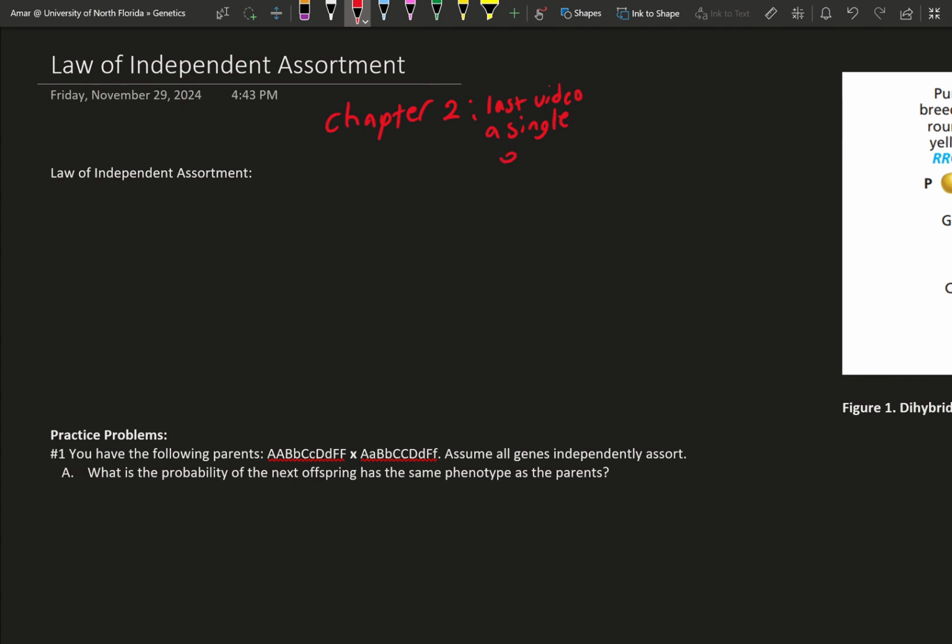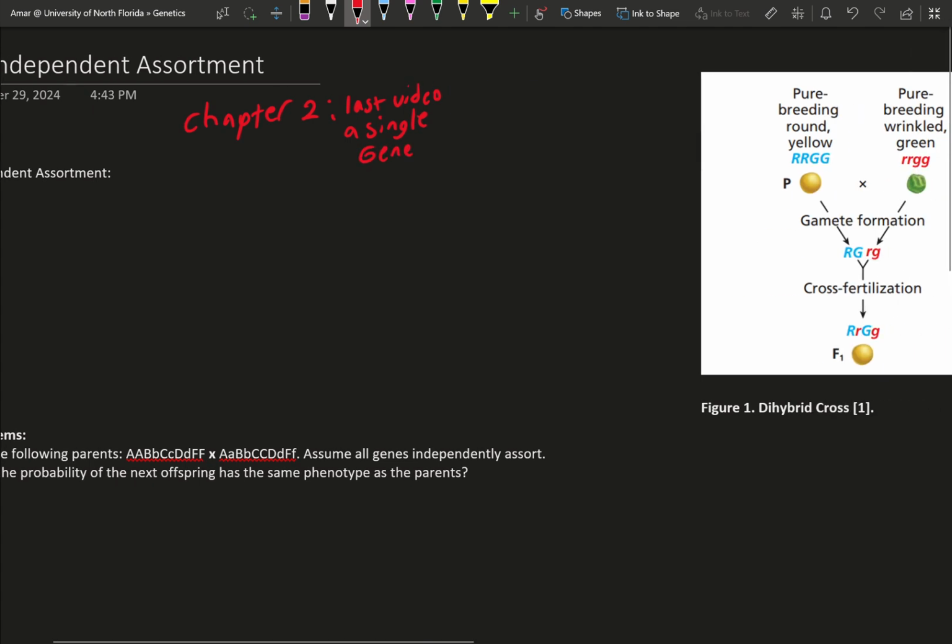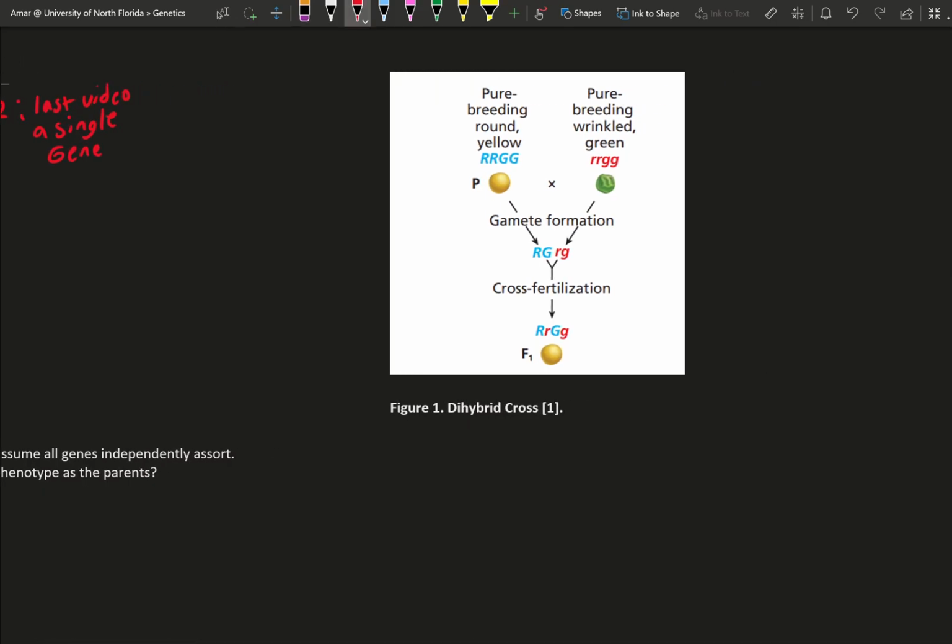All we did last time was big R, little r. We crossed them together and used that to determine the probability of getting a certain genotype or phenotype in the F1 or F2 generation.